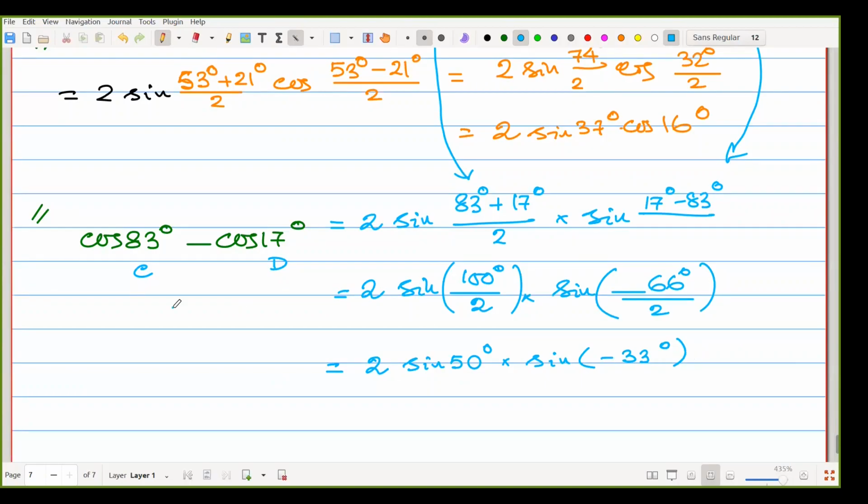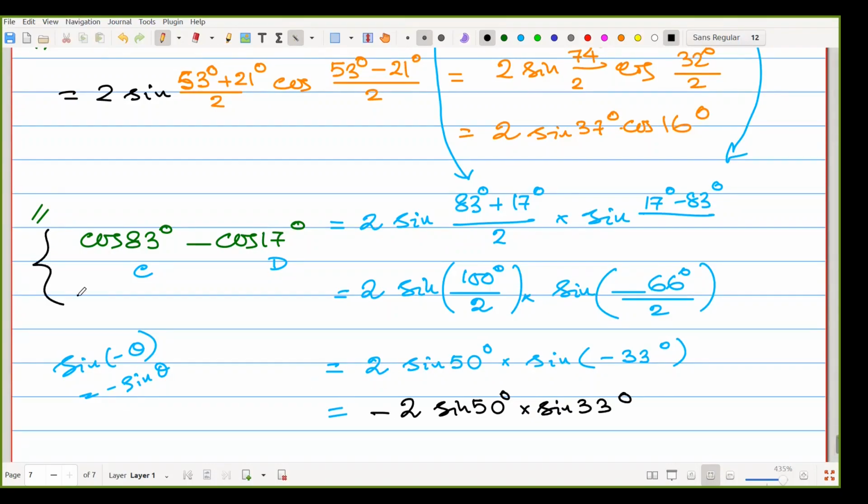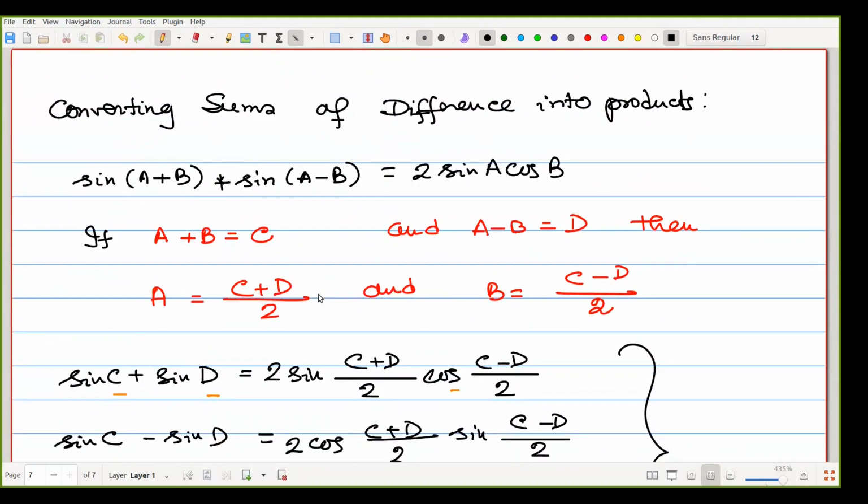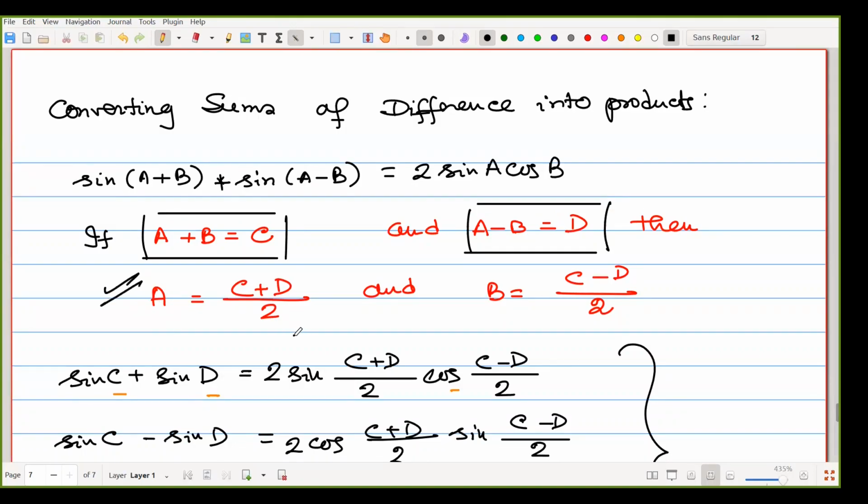But we know that sine of minus theta is minus sine theta. So we can write it as minus 2 sine 50 degree into sine 33 degree. In that way, we can also use those C D type formulas where A plus B is equal to C, A minus B is equal to D, and from here we can write A is equal to C plus D by 2 and B is equal to C minus D by 2. But these formulas are coming from the difference or sums of the products.